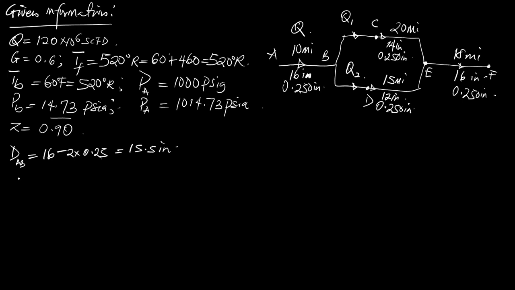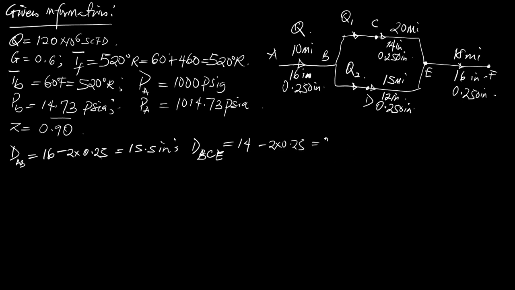Now the internal diameter of loop BCE will be equal to 14 nominal pipe size minus 2 times 0.25.